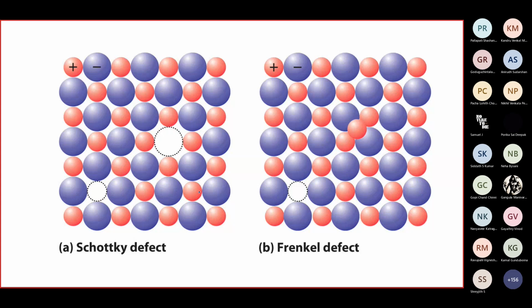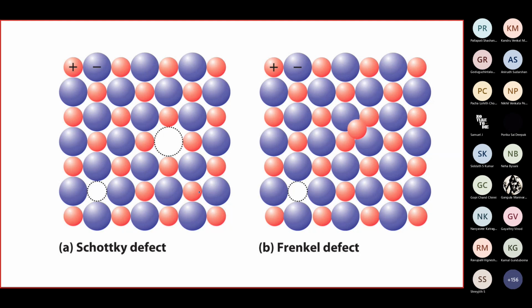So these two you must be knowing: Schottky defect and Frenkel defect. What is a Schottky defect? Atoms are missing, sir. Missing atoms. Schottky defect and Frenkel defect happen in ionic crystals. In a Schottky defect, an equal number of cations and anions are absent.